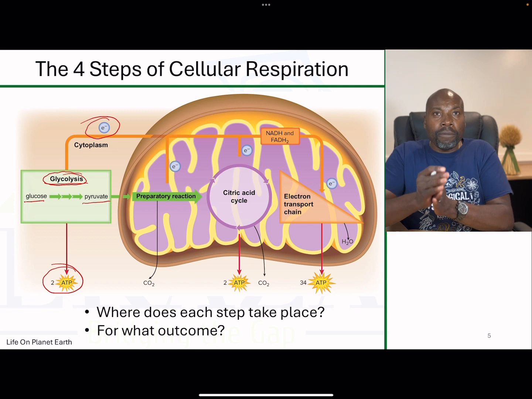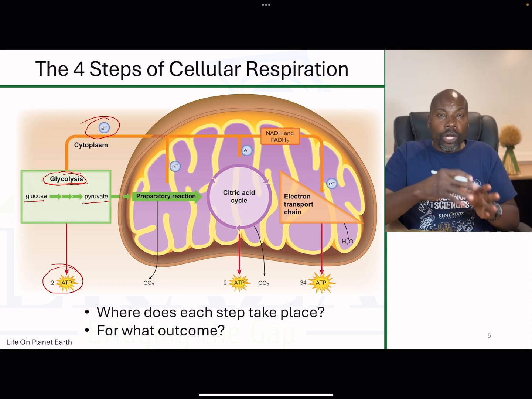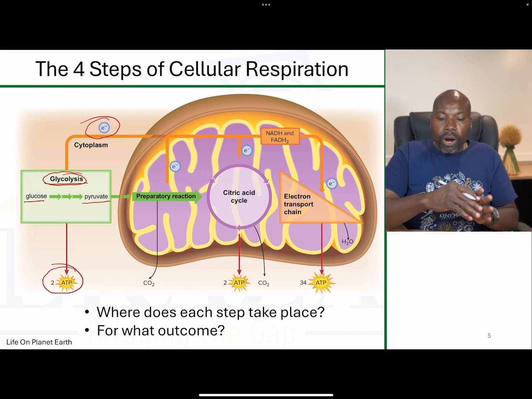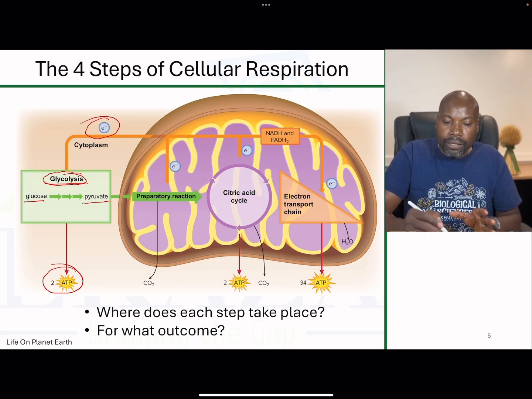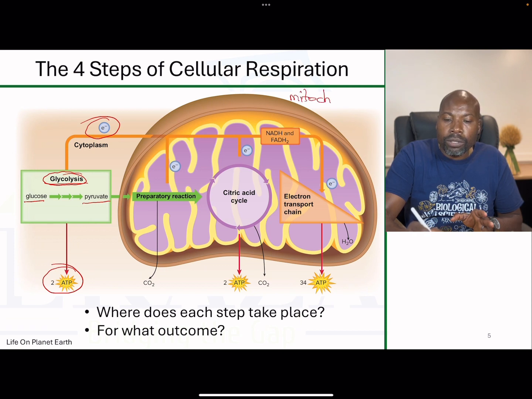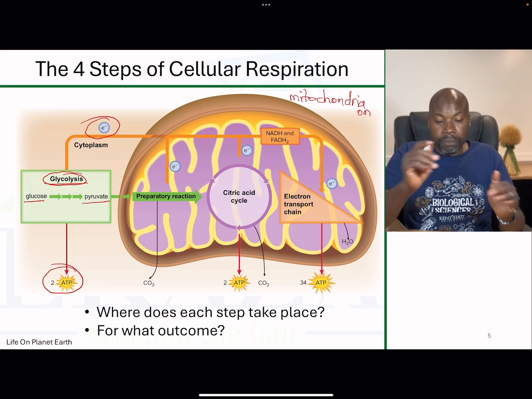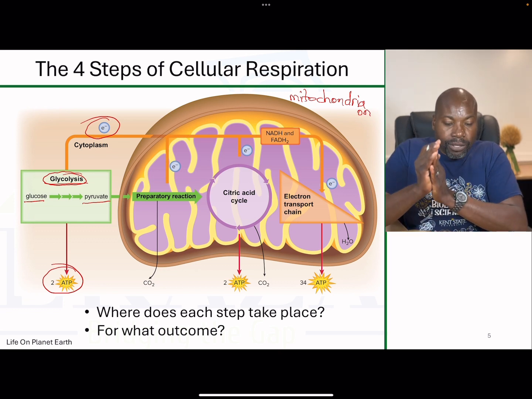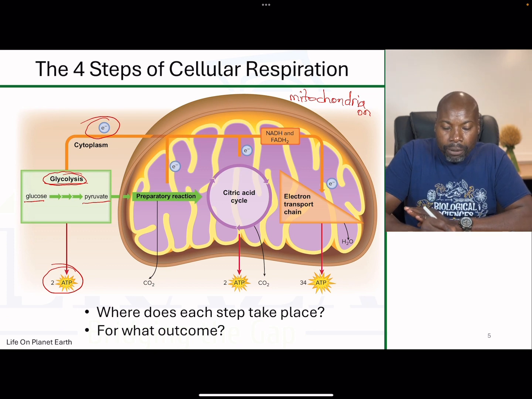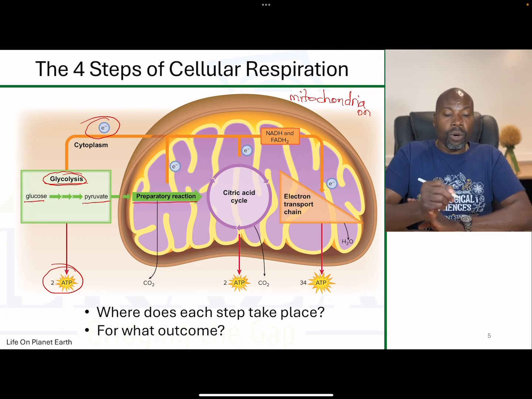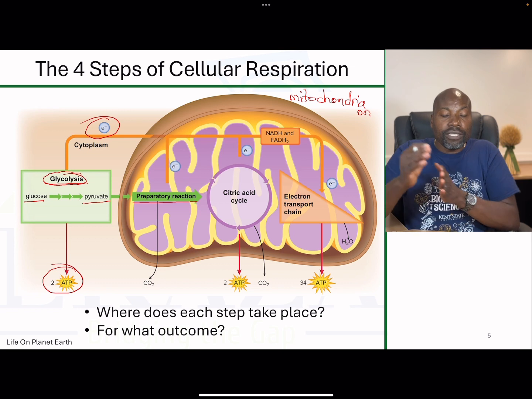The second step of cellular respiration and the subsequent steps are occurring in an organelle that we call the mitochondria. One mitochondrion, several mitochondria. Now, these steps are the preparatory step or the transition step.